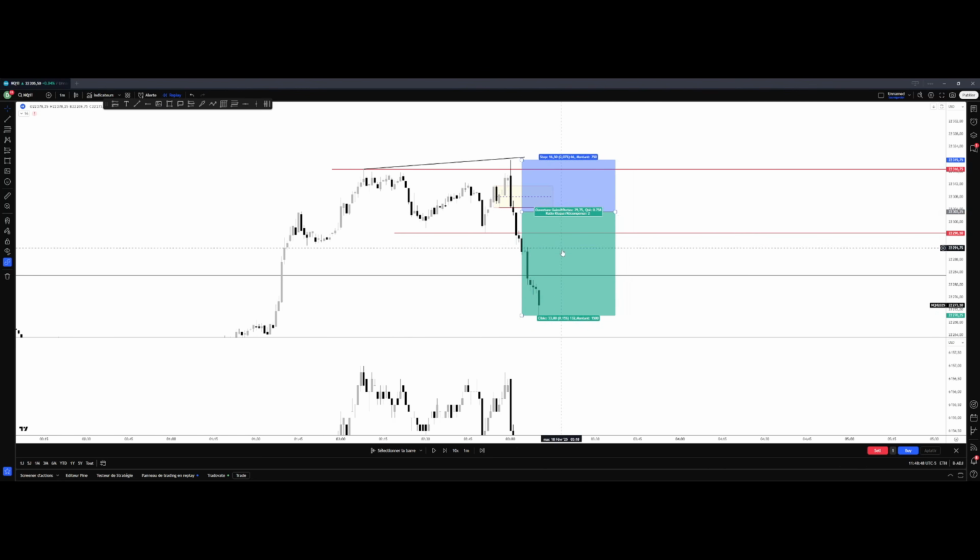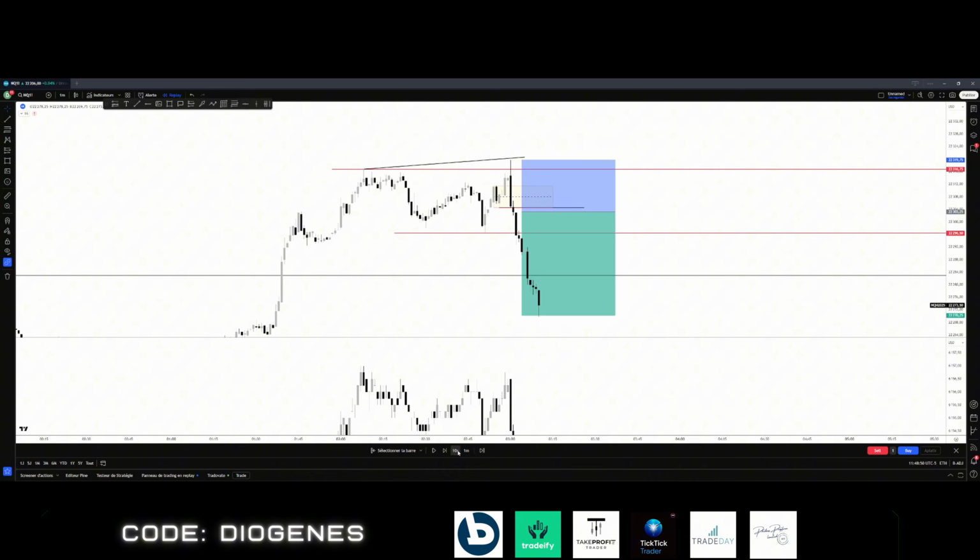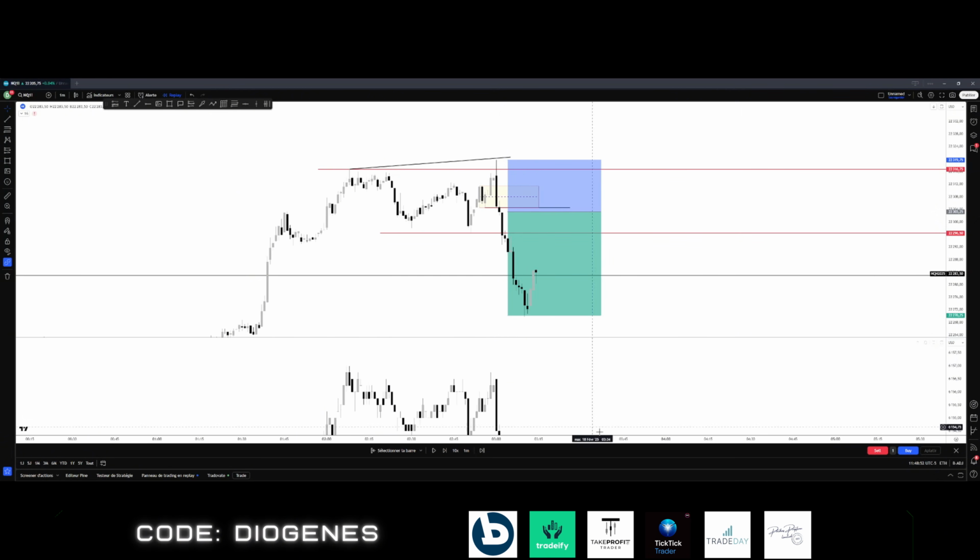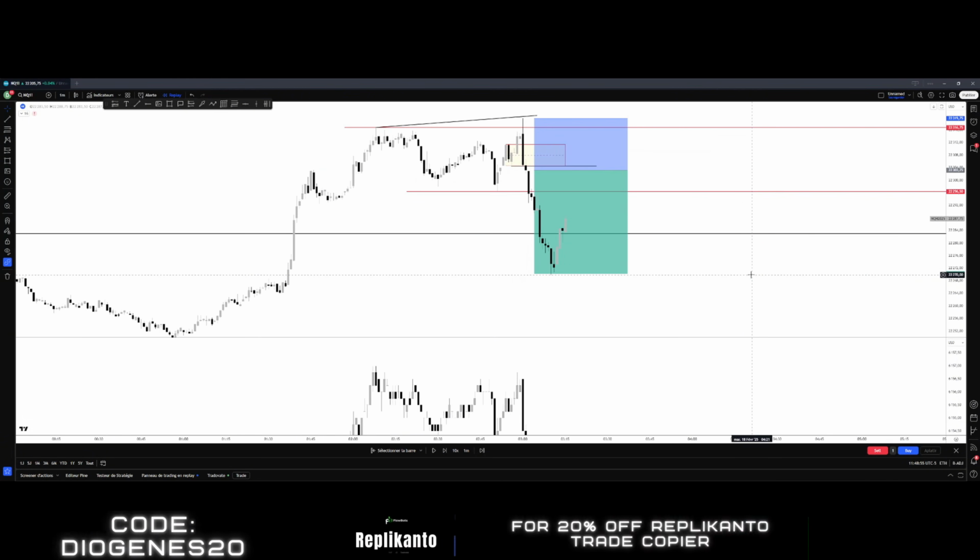So now let's just play this actual trade, right? It went straight to profit, okay? Straight to profit, and then it inversed, okay?